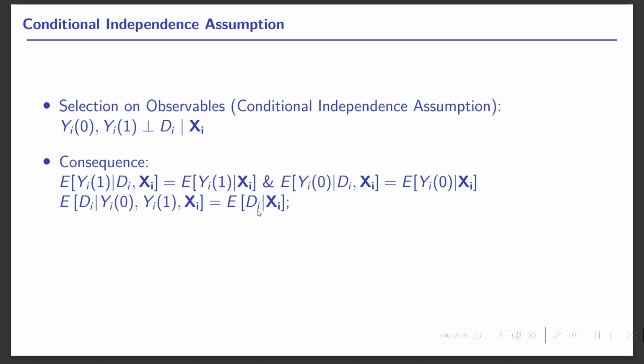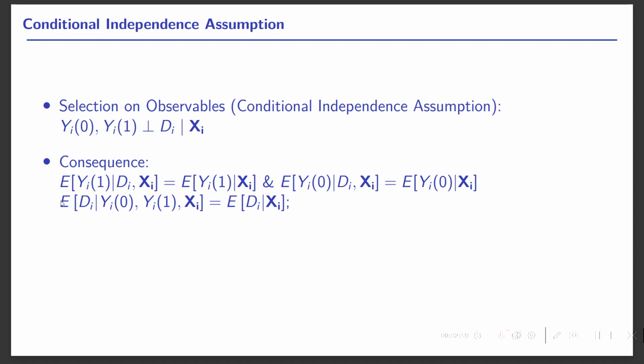But in some sense, I think this is a bit more natural, because we look directly at the decision problem of the person who selects whether they want the treatment or not. Now, how can we see this? The question is, what does a person know when they decide to enter treatment or not?